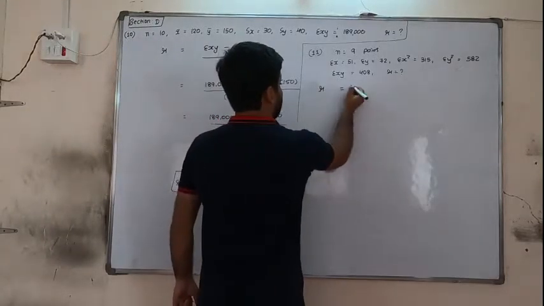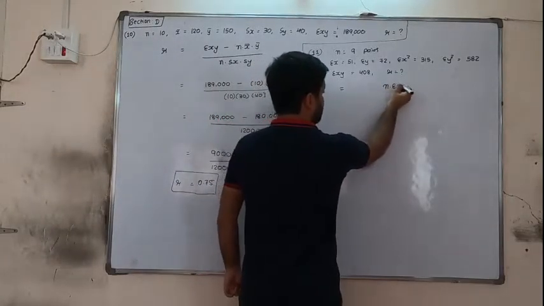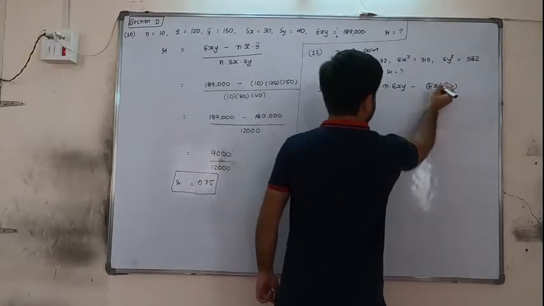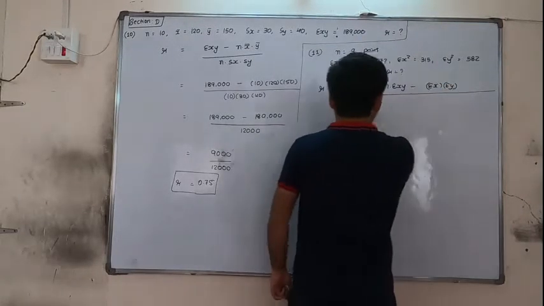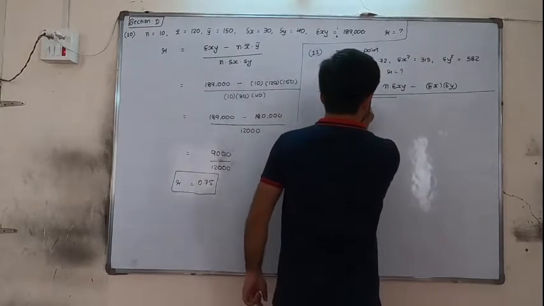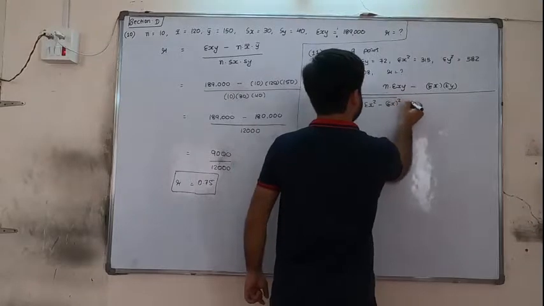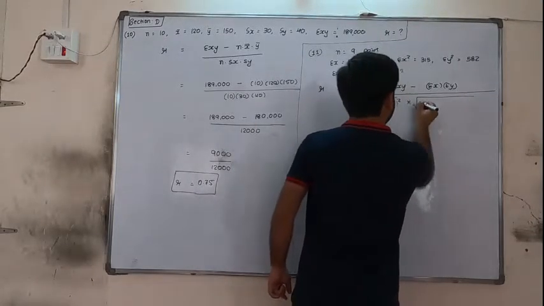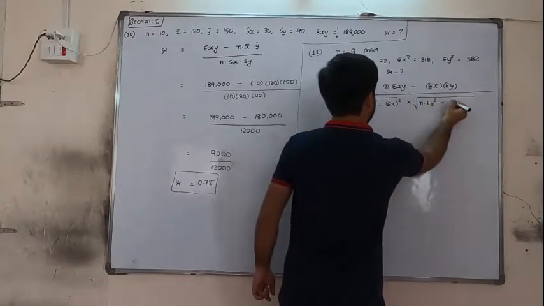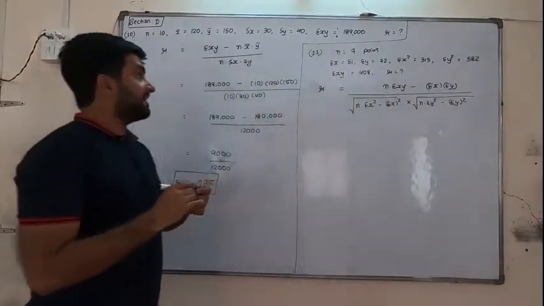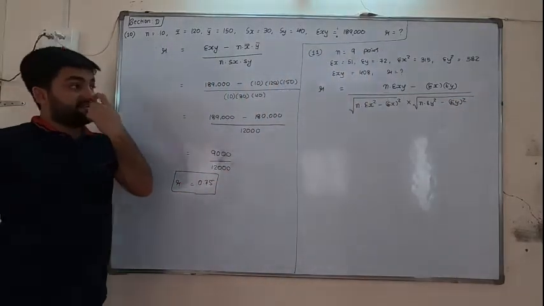That is, r is equal to n into sigma xy minus sigma x into sigma y, divided by, in the first square root, n into sigma x square minus sigma x whole square, multiplied by n into sigma y square minus sigma y whole square. Friends, you have to understand, I have not written it for a reason.